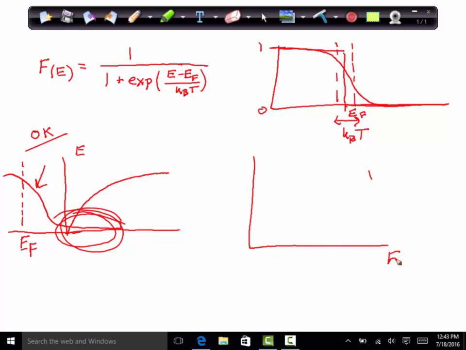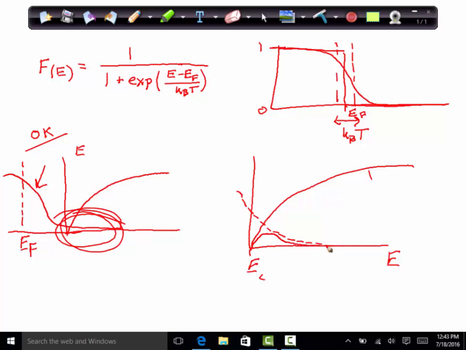So now this is our energy. Our 0 here is EC. Our square root density of states goes like that, and our Fermi-Dirac function comes in exponentially decaying like this.